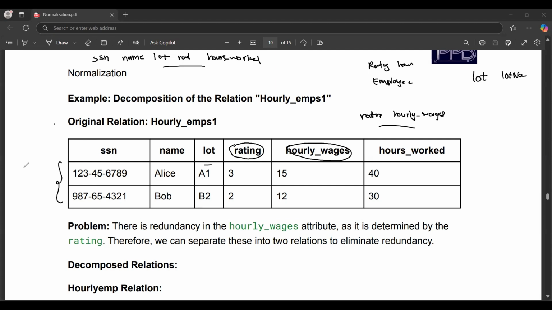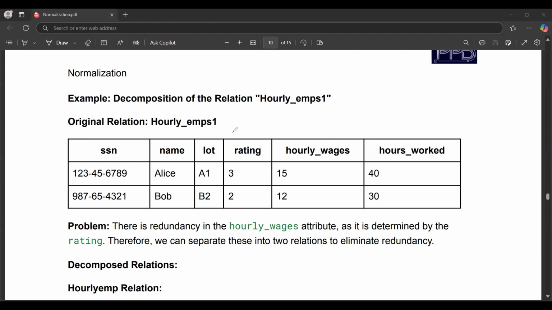But what if someone divides like this, these 3 into 1 and these 3 into 1? Well, there will be issues. That's improper decomposition. That's why we need to study normalization to understand how to properly break a relation into smaller relations. Okay, so I hope you understand.